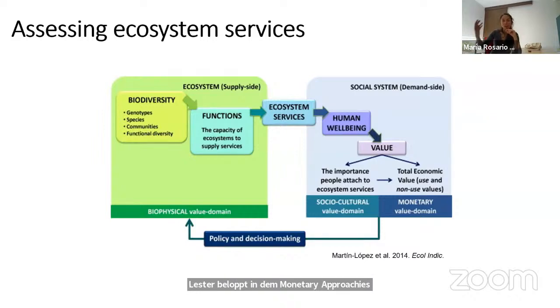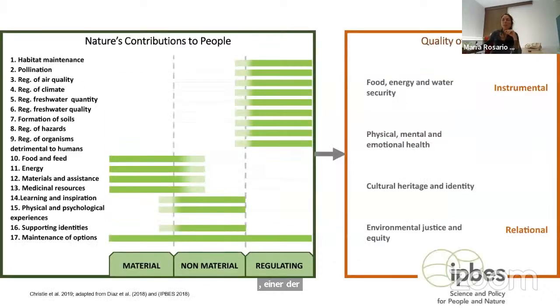Another advance on this topic was brought by the IPBES assessment, the Intergovernmental Platform on Biodiversity and Ecosystem Services, which developed a number of stakeholder engagement rounds, trying to bring this concept of ecosystem services back to local communities across different parts of the world.